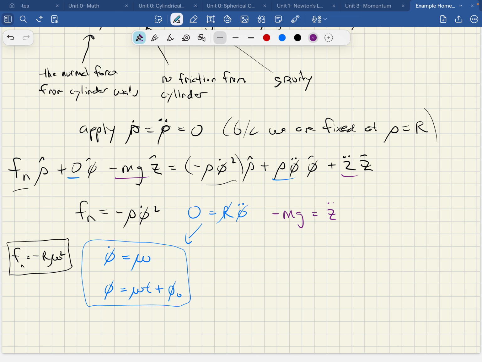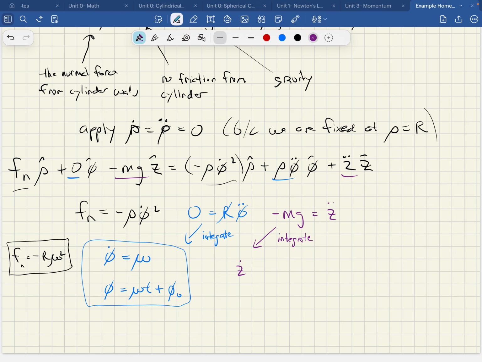In the z direction, we can integrate that. And we should recognize this as just constant acceleration.